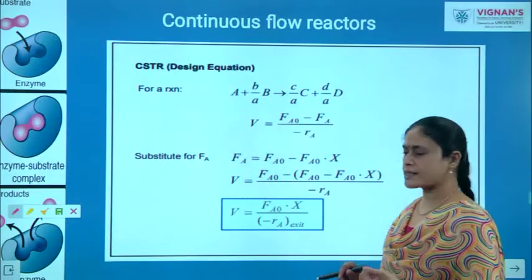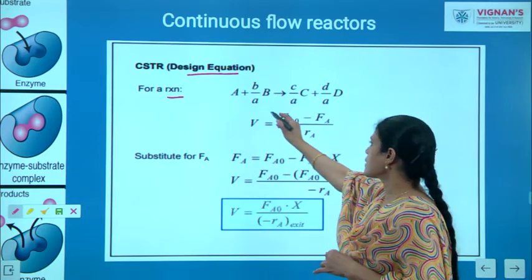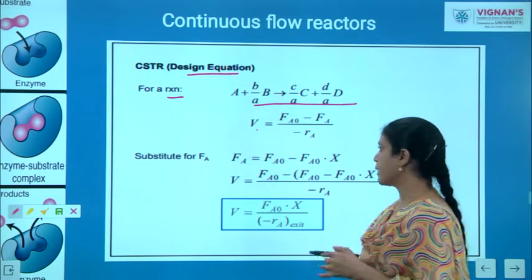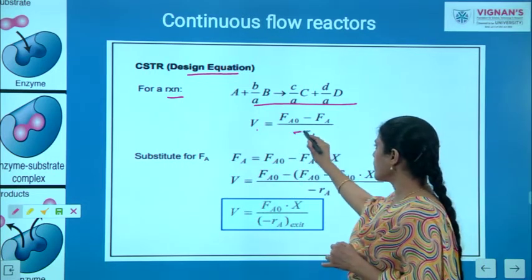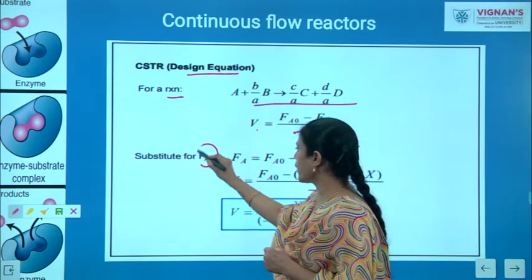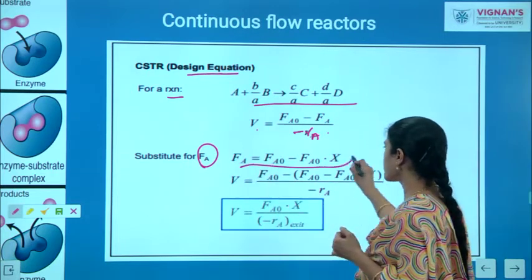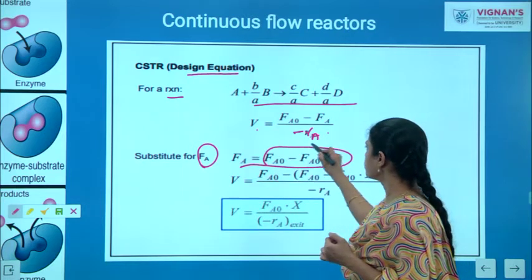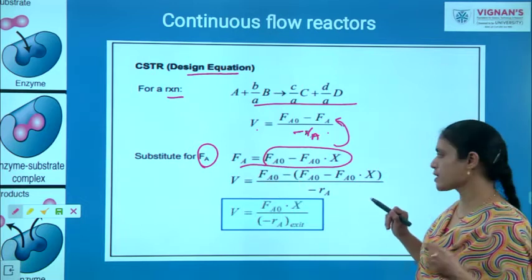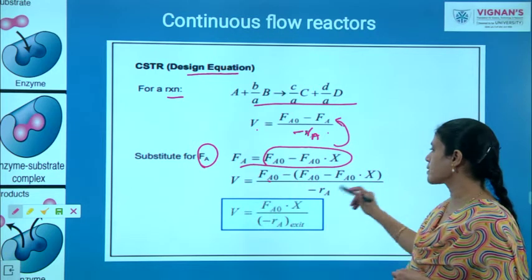So now let us discuss the design equation of the CSTR. From this reaction, we can write V is equal to FA naught minus FA divided by minus RA. Here we substitute the value of FA. After substitution, we get V is equal to FA naught minus (FA naught minus FA naught into X) divided by minus RA.